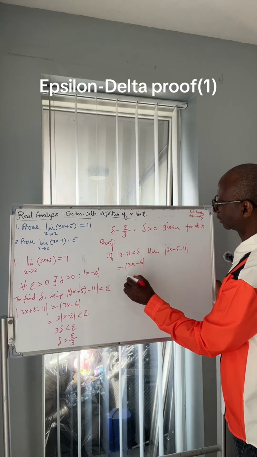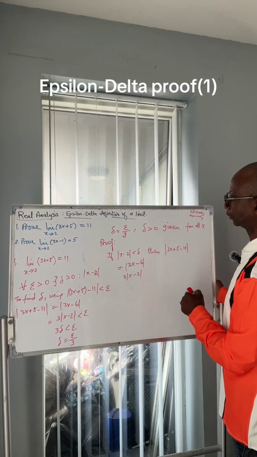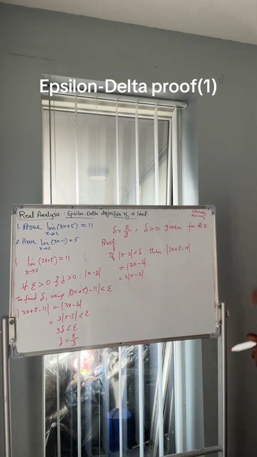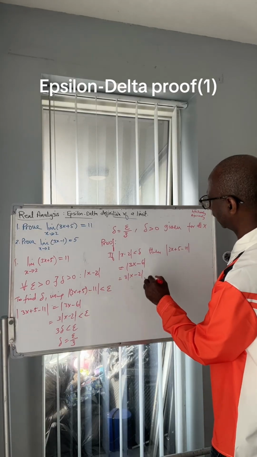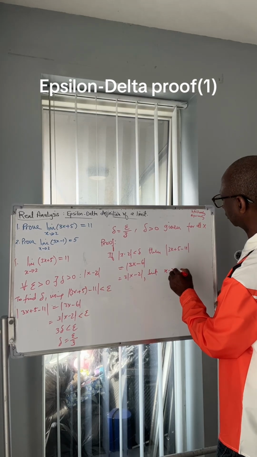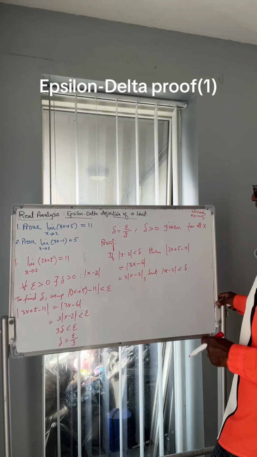So this breaks down to 3 into x minus 2, correct? 3 into x minus 2. And we already know that the absolute value of x minus 2 is less than delta.